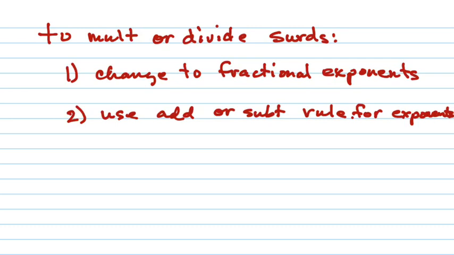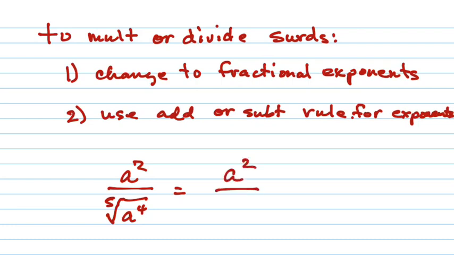Okay, so like we just did, we'll do another one. For example, we have a to the second divided by the fifth root of a to the fourth. That becomes a to the second divided by a to the 4/5. Am I dividing with the same base? Yes.